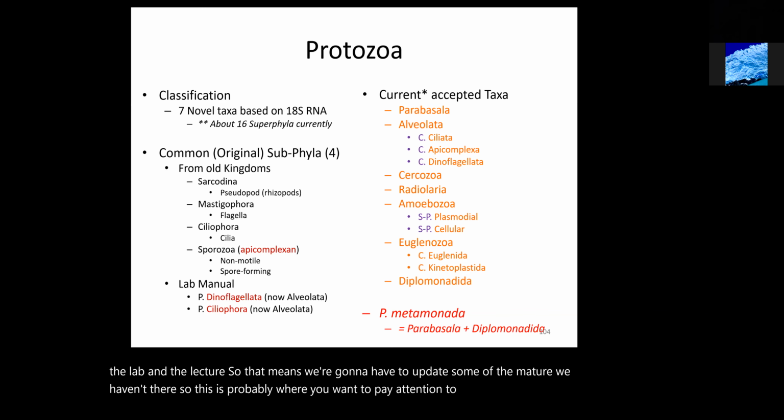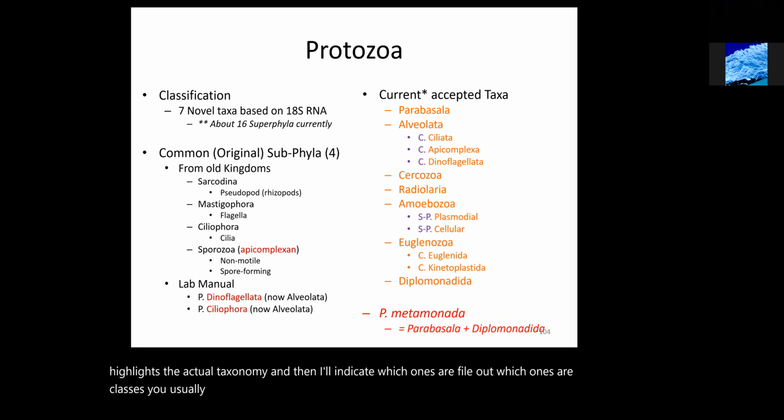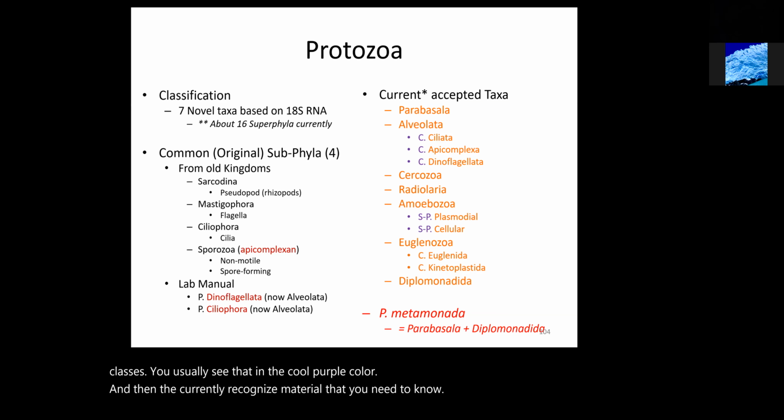Okay, so if you look on the right-hand side, we have all this material in orange. Remember that that highlights the actual taxonomy. I'll indicate which ones are phyla and which are classes; you'll usually see that in the purple color. And then the currently recognized material that you need to know. So for the moment, you need to know the following groups.